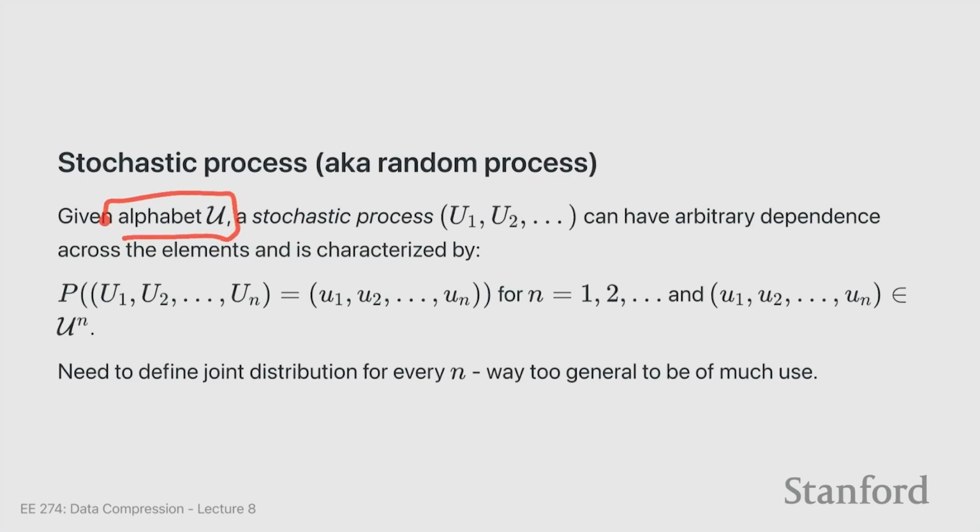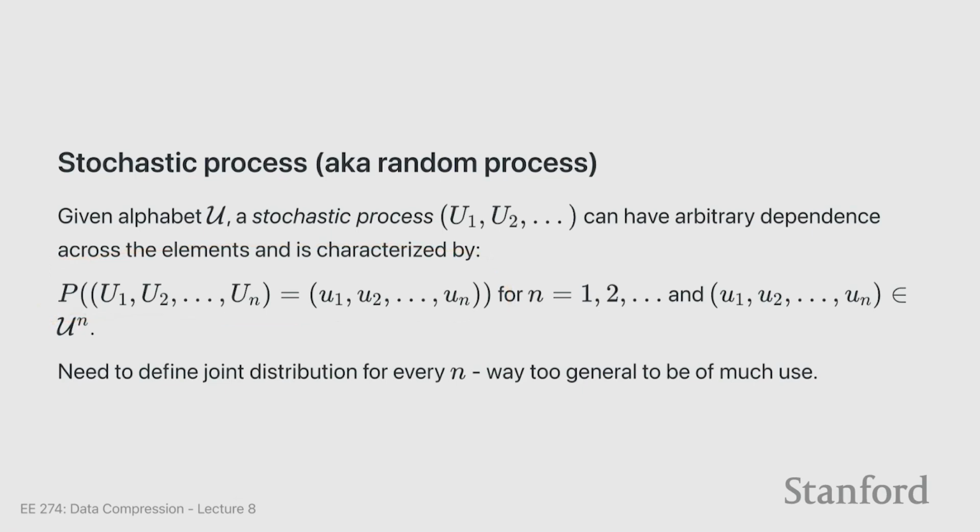Given some alphabet U, binary maybe or something else, maybe like the English alphabet, you can create a stochastic process. A stochastic process or a random process is just any sequence of random variables with arbitrary dependence. And it is characterized by basically, for every n, you have to describe the probability distribution for that n-tuple.